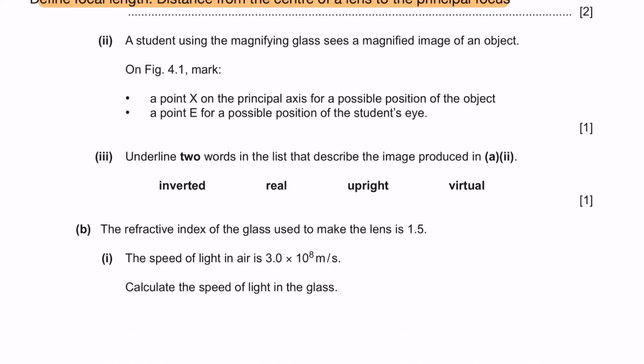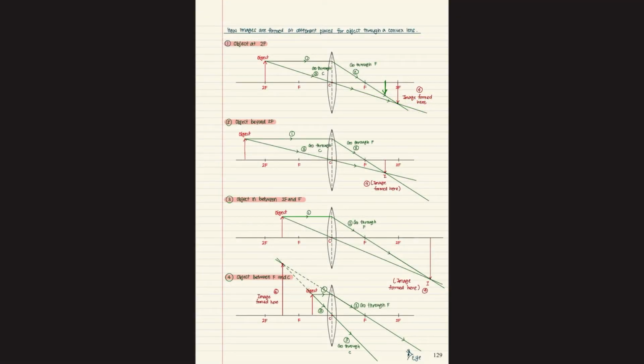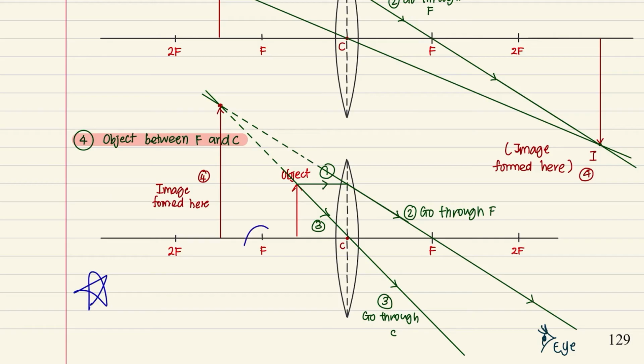Part 2. A student using the magnifying glass sees a magnified image of an object. On figure 4.1, mark a point X on the principal axis for a possible position of the object and a point E for a possible position of the student's eye. These are the 4 possible positions where the objects could be. And for the case of a magnifying glass, the object is placed between the focal point and the center of the lens.